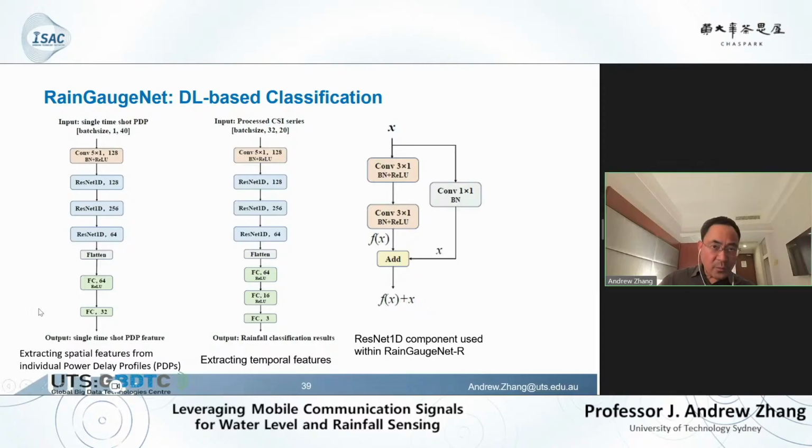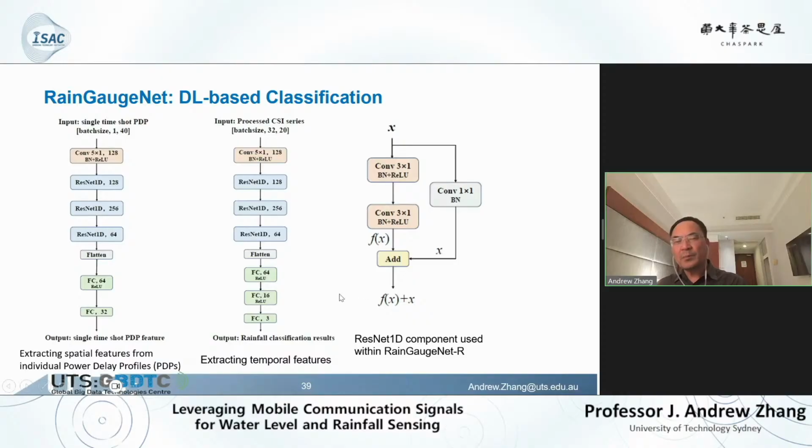The spatial domain property actually corresponds to the power delay profiles, right? So it's actually the multipath feature signal extracted by using this ResNet. And then they combined them to generate the classification results.